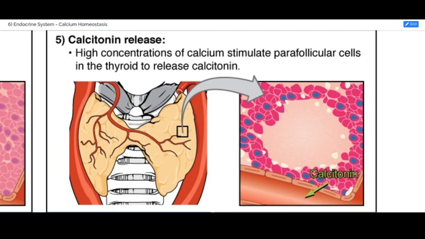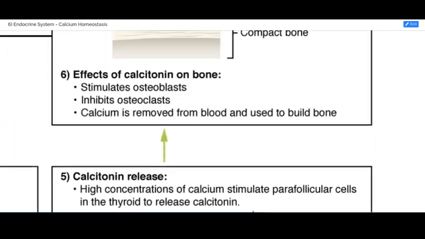Be careful that you don't get these things confused. The parafollicular cells of the thyroid gland release calcitonin. The parathyroid glands release PTH. And as calcitonin gets into the bloodstream, it'll move to affect its target tissues to help, again, regulate calcium.